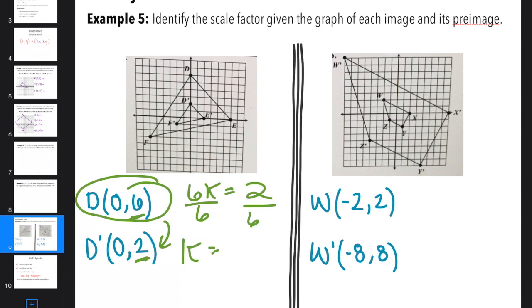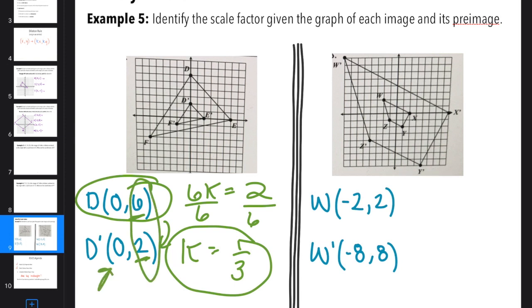So k is equal to 2/6, or reduced would be 1/3. I chose to use this whole number set instead of 0 because 0 will not give me an accurate answer. Anything multiplied or divided by 0 will equal 0. So you want to pick a non-zero number to solve for that k value.